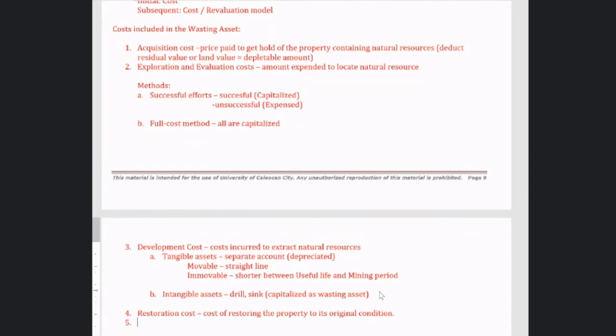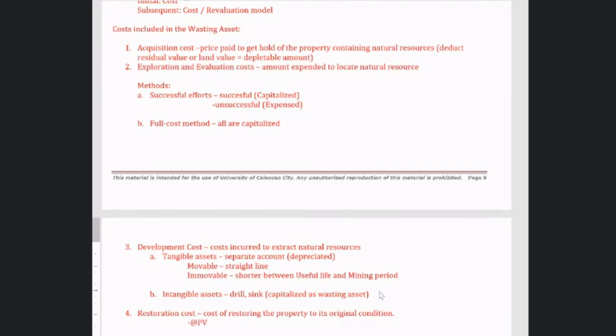So, how do we measure this one? Actually, restoration costs, lahat yan kinakapitalize. Pero, ikakapitalize mo at present value.